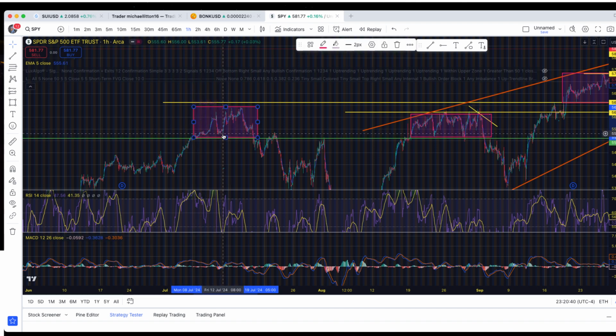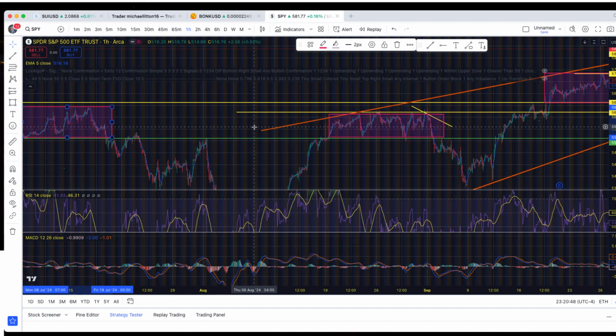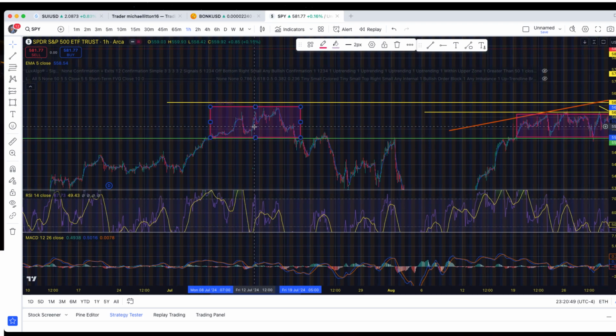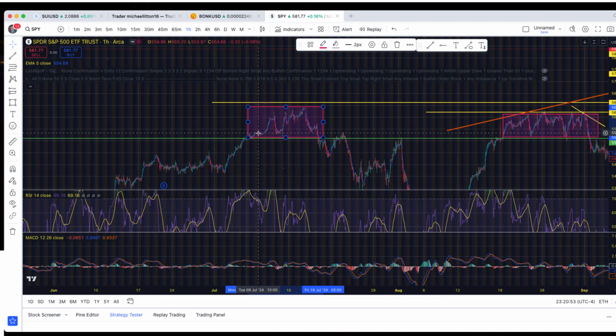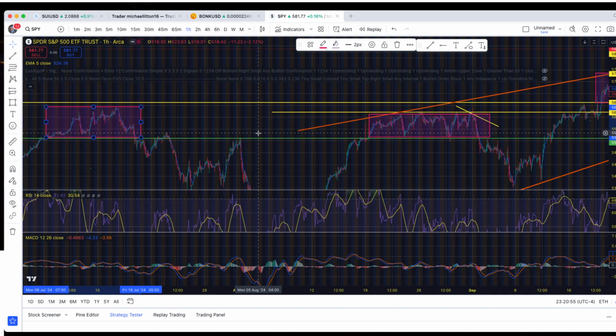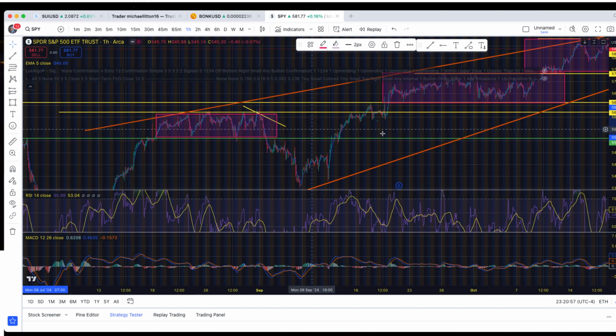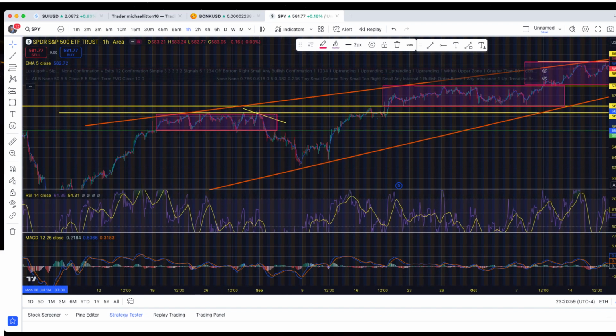So this could have been a good long here, a good short up this way. These are ones that you maybe play a few days out, swings, holding, but it also helps establish what range you're trading in for the day when you're day trading.